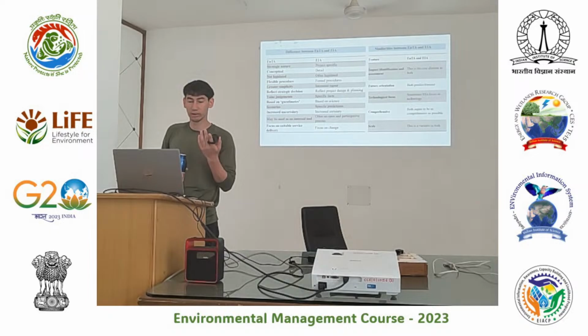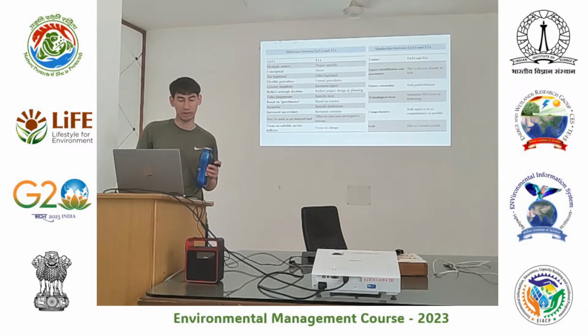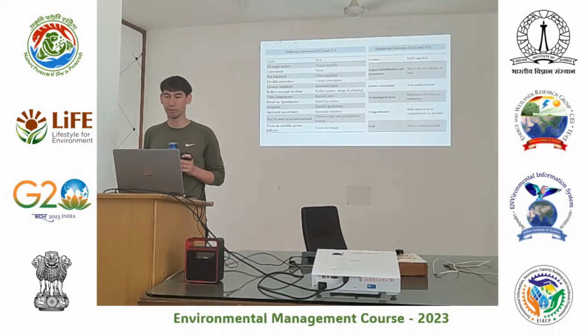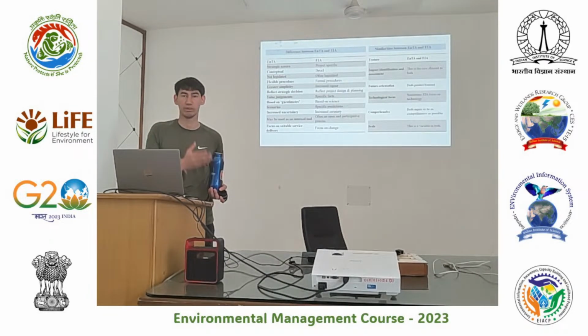ENTA reflects strategic decisions, whereas EIA reflects project design and planning. It is about value judgment, and EIA is about specific facts. And as I said before, ENTA is based on guesstimates.